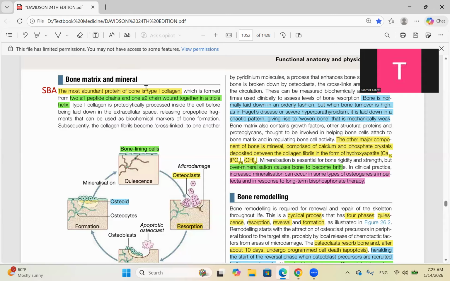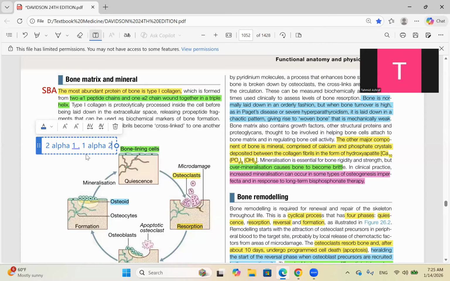And type 1 collagen is a triple helical structure. Helix means chain, triple means three. So type 1 collagen consists of three chains. Among the three chains, two are alpha 1 chains and one is an alpha 2 chain.